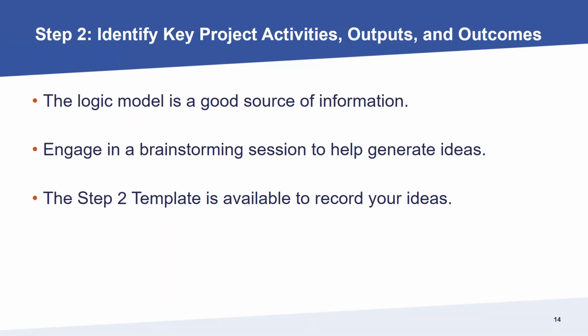Be sure to revise the logic model and update the project and evaluation plans if necessary. The Step 2 template is available to help you record the key items from the logic model. Try to focus on the most important items in each category and avoid listing every component. Your project performance measures should reflect the most important aspects of your project work and its expected outcomes.